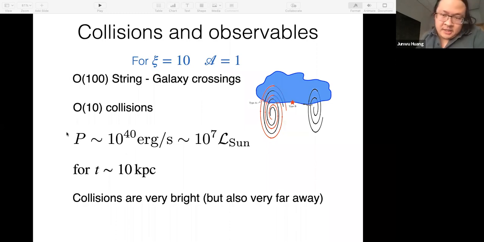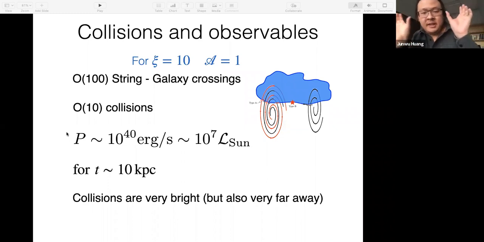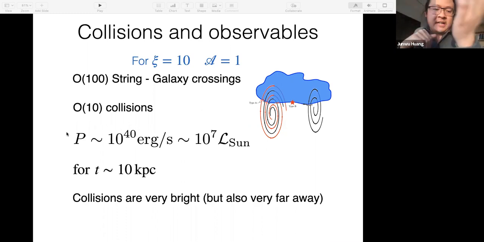Such a collision can happen for as long as the charge overdensity has a length of order the size of the galaxy, so the collisions keep happening for at least tens of thousands of years, which for human time scales is basically infinite.